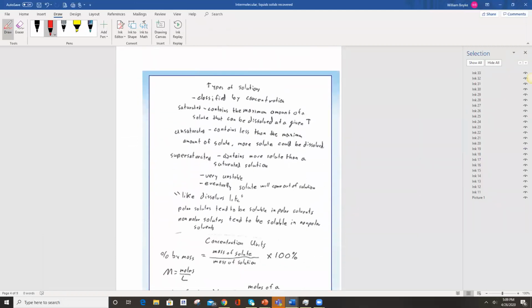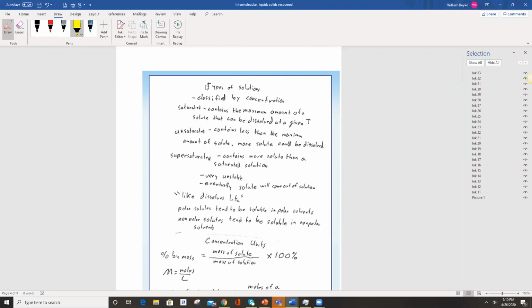So we also want to talk a little bit more about solutions, actually dissolving things into liquid. We talked a little bit about solutions in Unit 2. We're not going to do any calculations in this unit. We're going to stick to it being very, very qualitative.